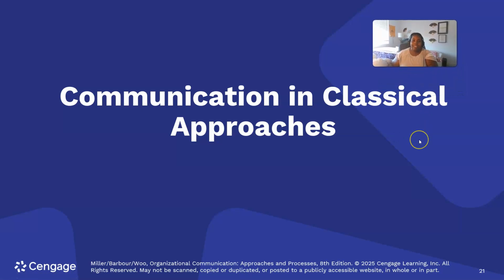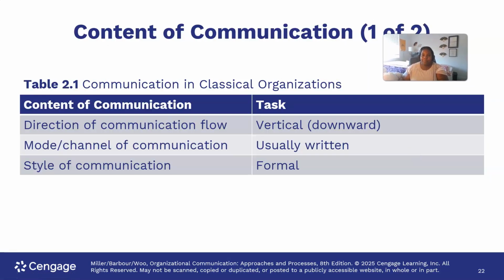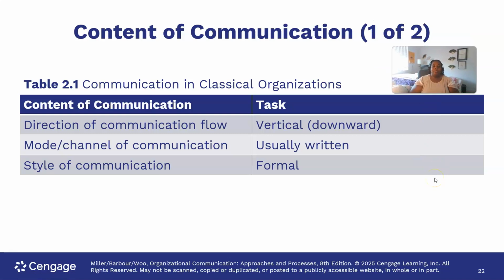All right. So finally, we have communication and classical approaches. So this is organizational communication. One of the goals of the chapter is to help us understand these classical approaches to management, what they are, and now we're going to see its impact on communication. So, with classical organizations, there is a direct vertical downward flow of communication.